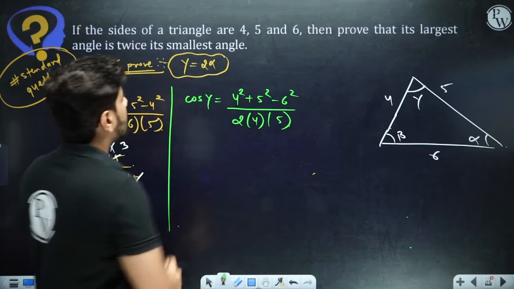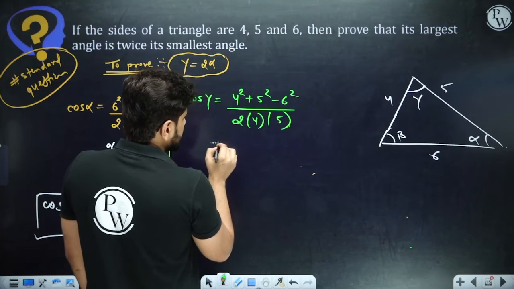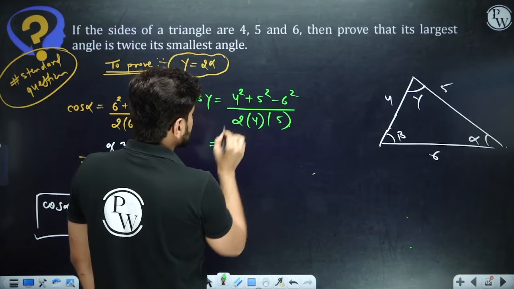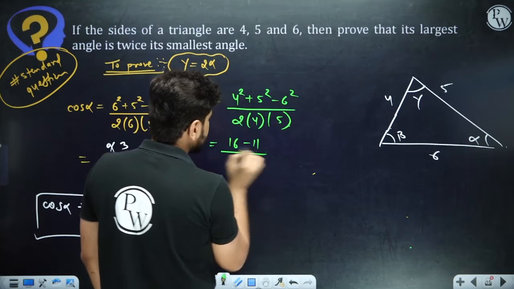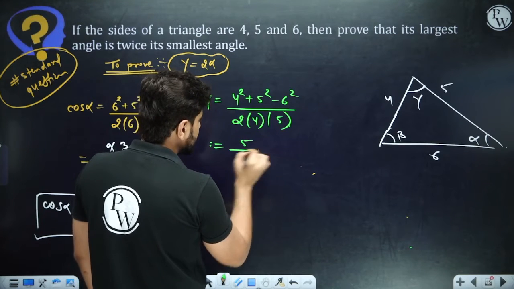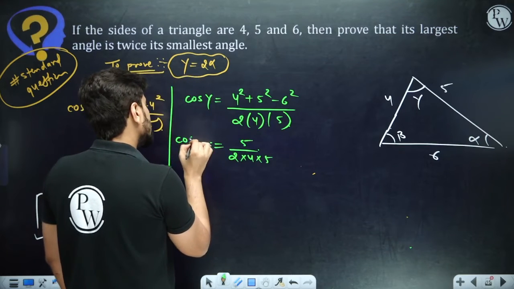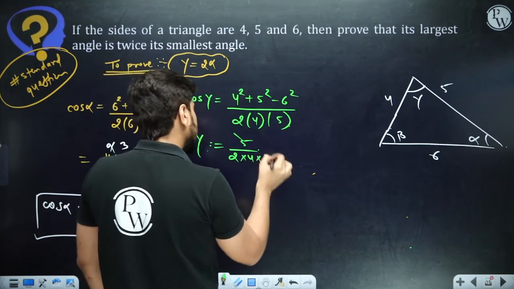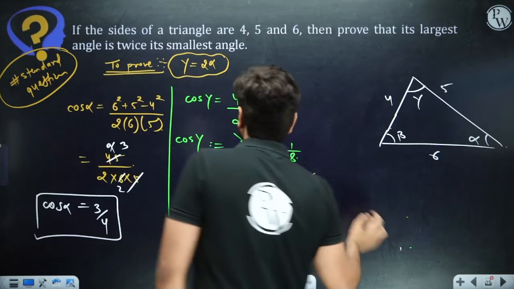Let's find the value for this. 4 square is 16, and 5 square minus 6 square is minus 11. 16 minus 11 is 5, so 5 in the numerator. In the denominator, we have 2 into 4 into 5. So the 5 and 5 will get cancelled out, and we get 1 by 8. So this is the value for cos gamma as 1 by 8.